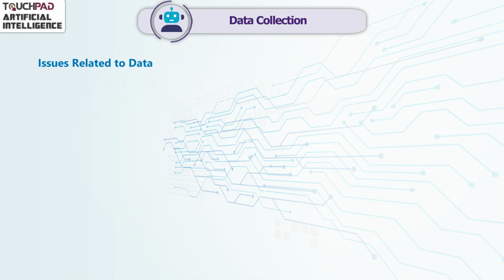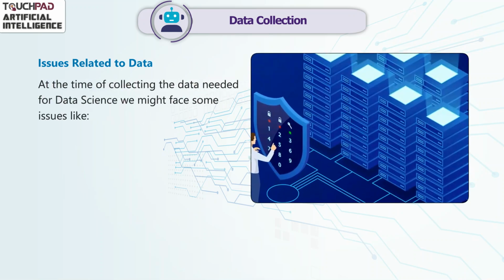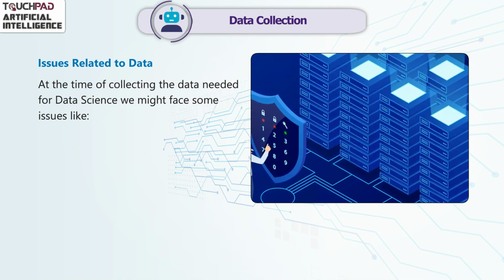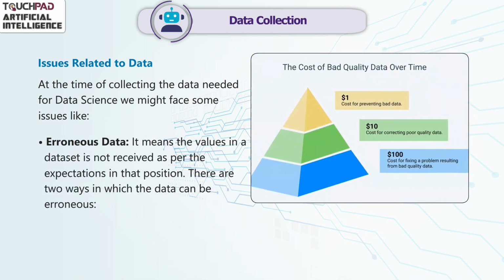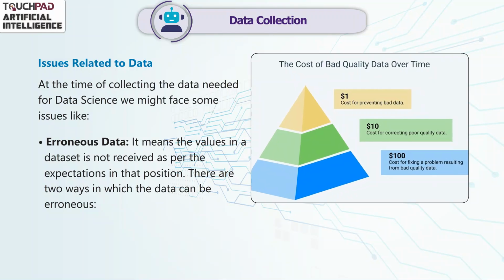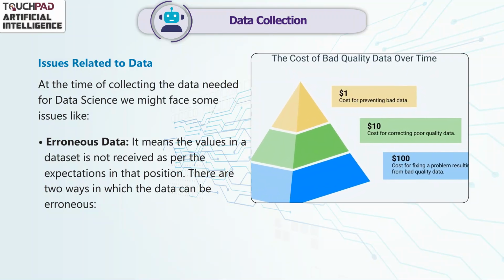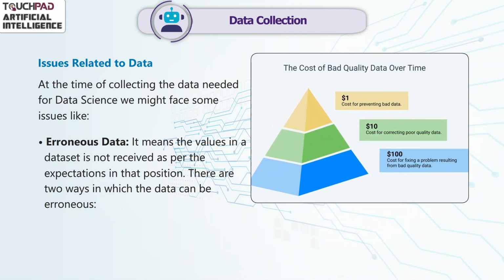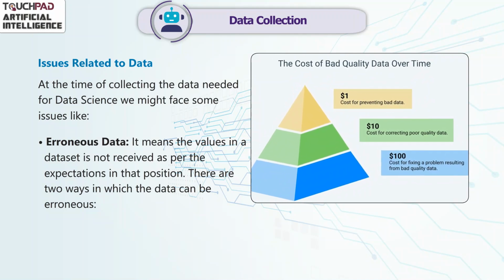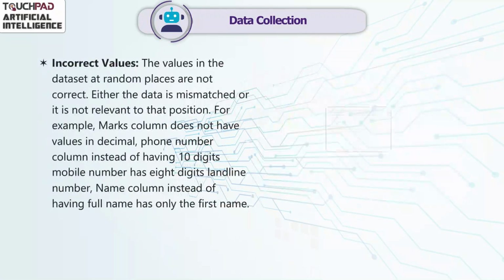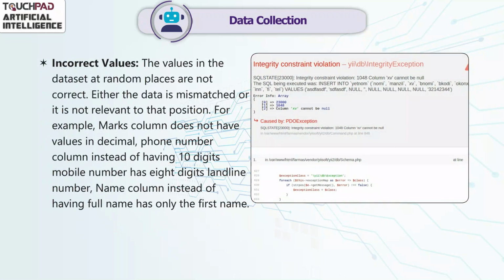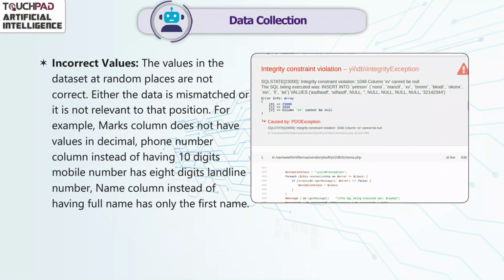Issues related to data. At the time of collecting the data needed for data science, we might face some issues like erroneous data. It means the values in a data set are not received as per the expectations in that position. There are two ways in which the data can be erroneous. Incorrect values. The values in the data set at random places are not correct.